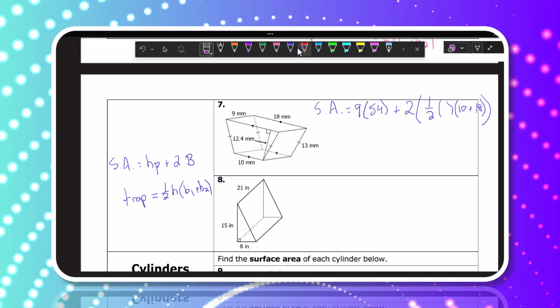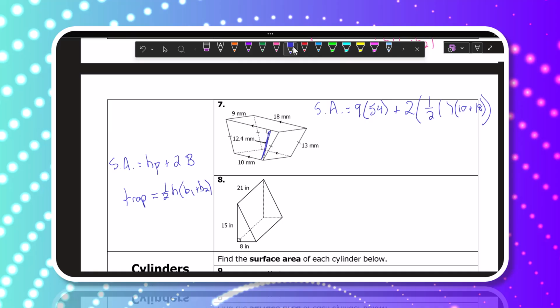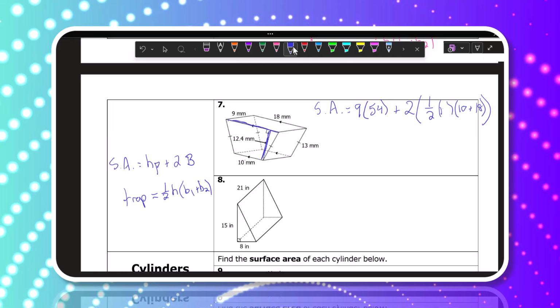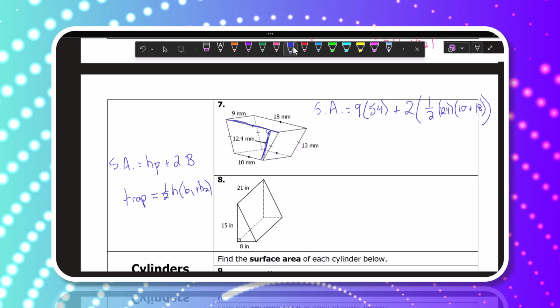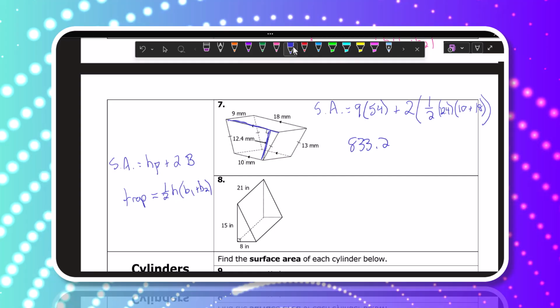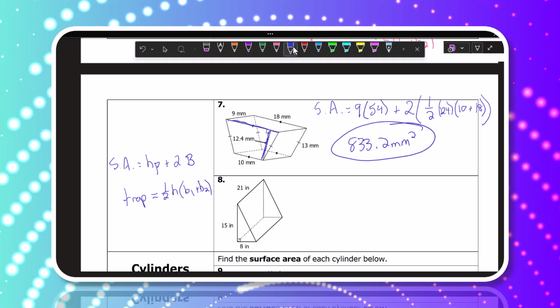The height of our trapezoid is this distance here. It makes a right angle with one of the bases. So it's 12.4 there. So now when we multiply it, we will get 833.2 millimeters squared. I apologize for that.